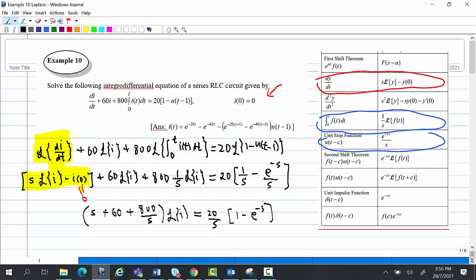After we rearrange them, if I multiply both sides by s first, I get (s squared plus 60s plus 800) times the Laplace transform of i is equal to 20 times (1 minus e power minus s).